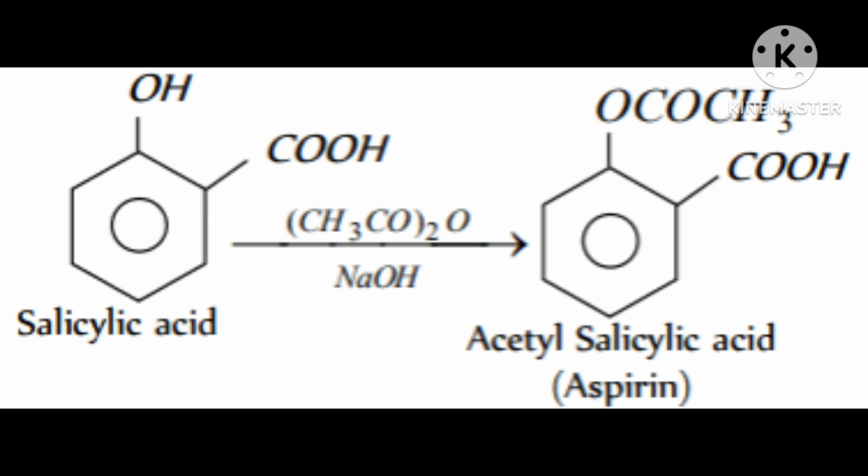Because it is a phenol, just like the alcohol I discussed, the phenol O-H bond will break, then oxygen will be negative and H will be positive. Then with acetic anhydride, what will happen? The RCO or CH3 C and O double bond.